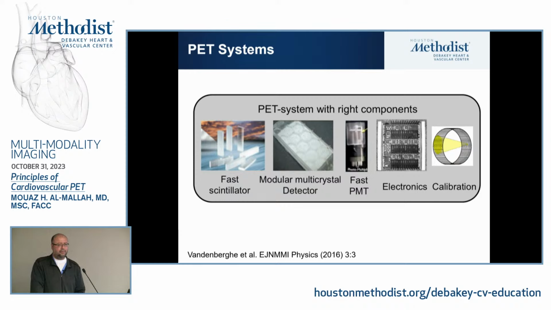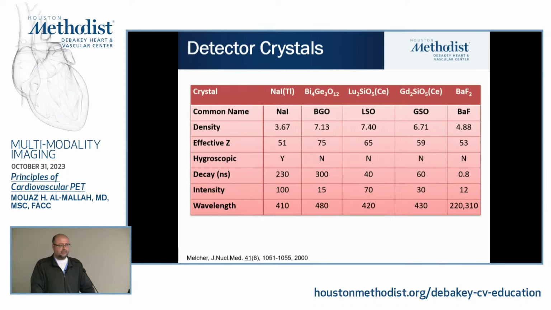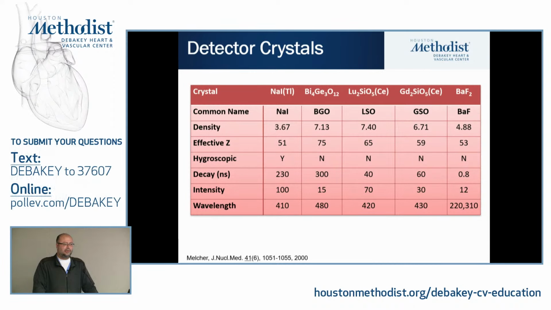So if we look in PET, what are the crystals that we use? This is for those of you who are going to be studying for nuclear board. They like to ask these questions. For SPECT, we mostly use sodium iodide. It's a simple salt, sodium iodide, and it has been the crystal that we've been using for many years. All the SPECT machines that we have, whether they are SPECT or SPECT CT, I would say 99% of them are using sodium iodide.